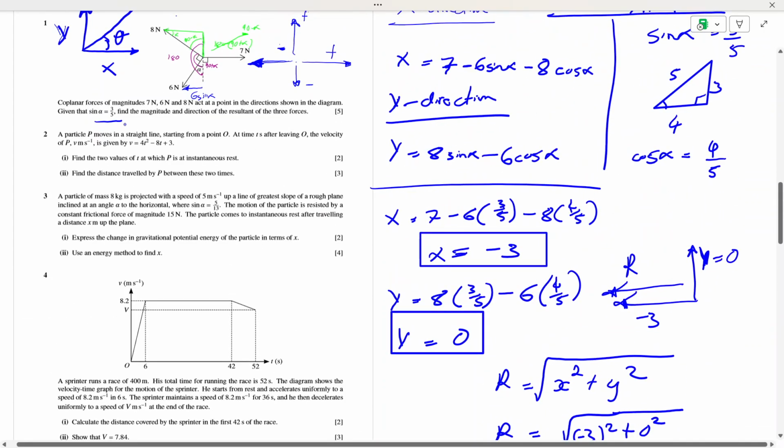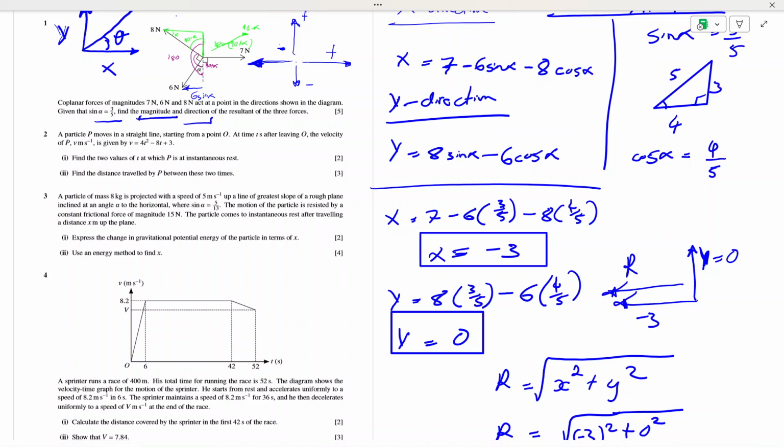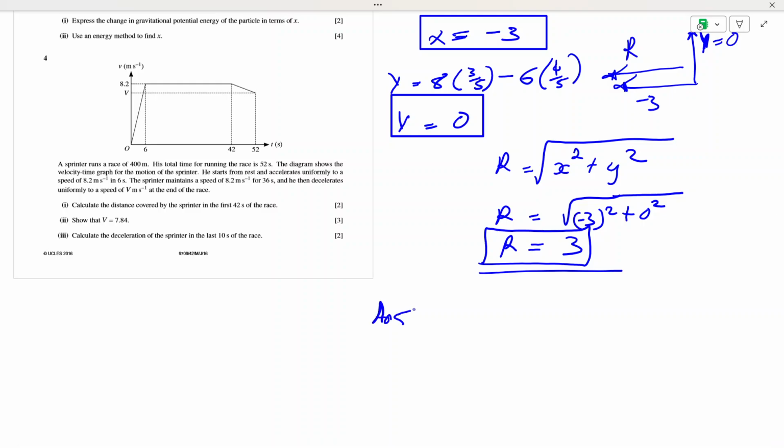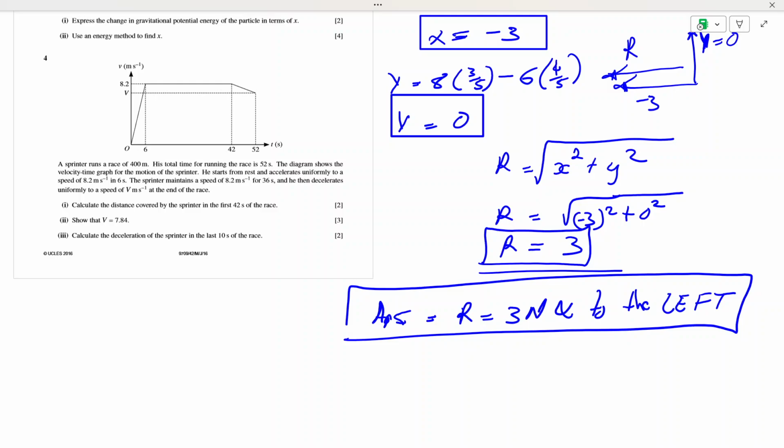Remember, the question is saying find the magnitude and the direction of the resultant of the three forces. So our final answer is R is 3 newtons, and it's going to the left. Then you just write to the left, like that. And that should earn you your full marks.